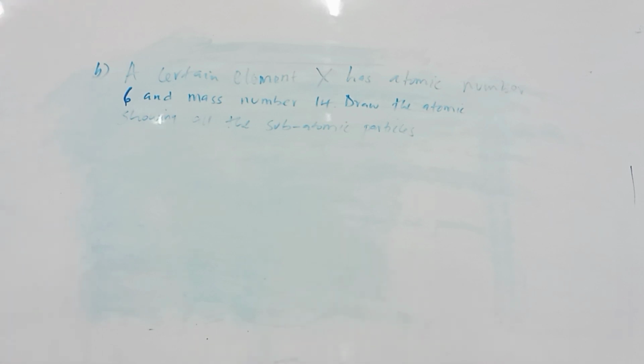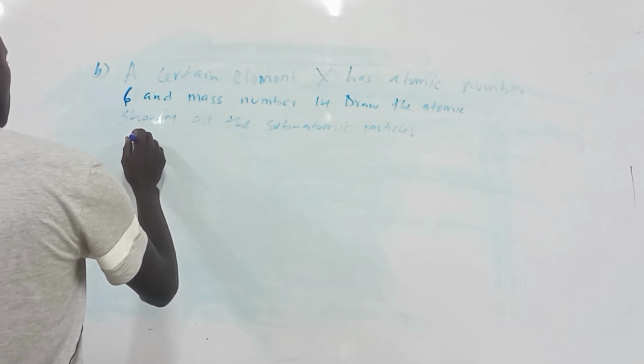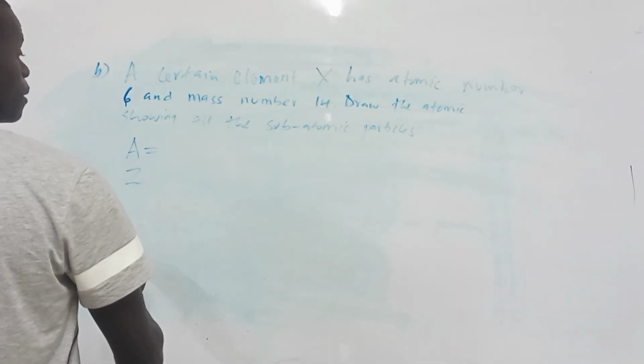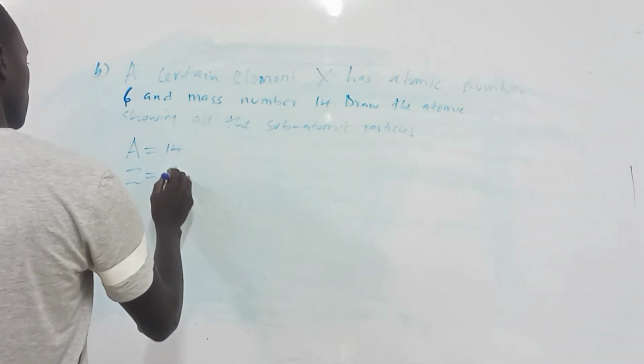So when we know the atomic number and the mass number, we can go further to calculate the number of neutrons. We have mass number 14, atomic number 6.